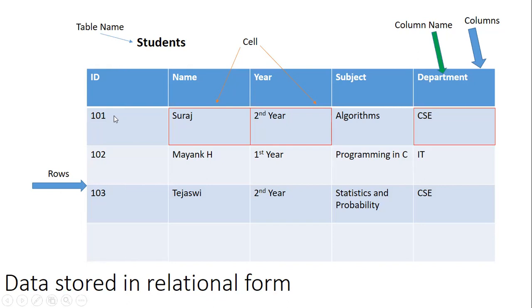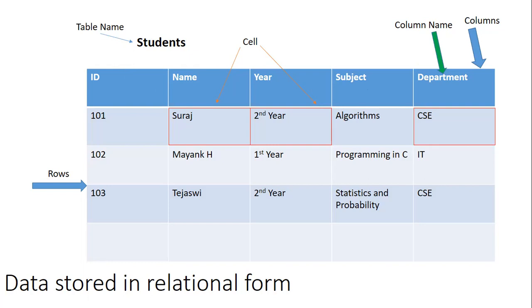These horizontal ones that we see are called rows, and the vertical ones are called columns. So in order to identify the value, we have names, and these names are nothing but column names. So ID, name, year, subject, and department here are nothing but the column names for the table students, right?